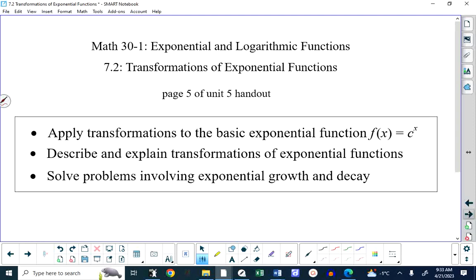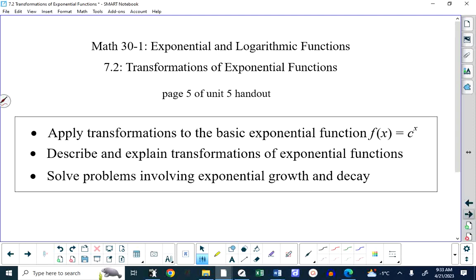All right, let's move forward. So we're looking at page 5 of your unit handout this morning. We're going to be looking, first of all, at transformations of exponential functions.